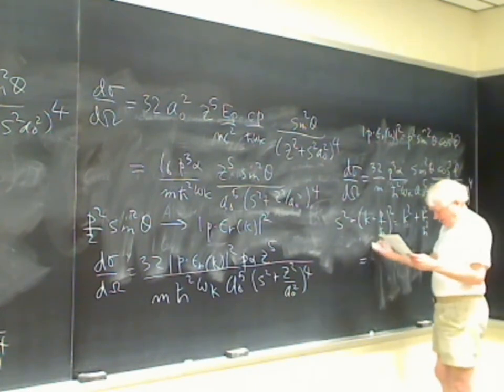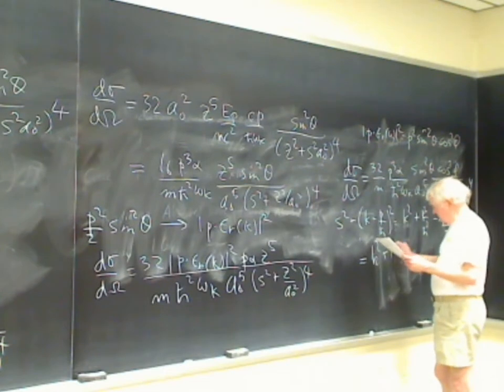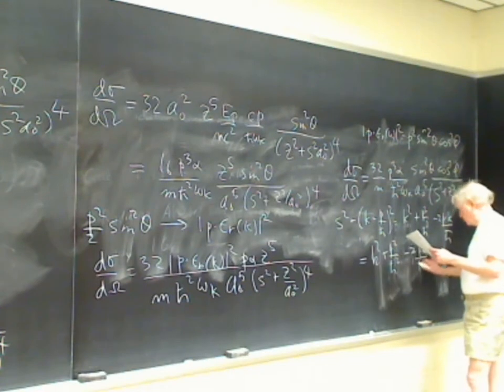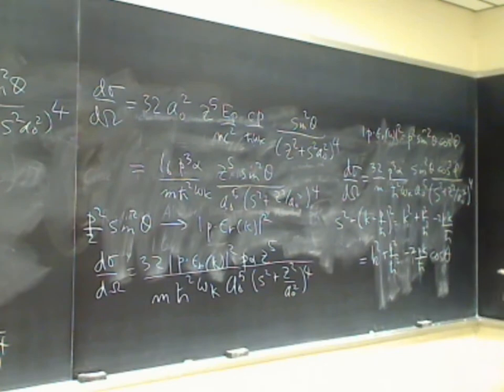And so that is k squared plus p squared over h bar squared minus 2pk over h bar cosine theta. So there's a cosine theta dependence in there. And that cosine theta dependence, I guess we can see that it's raised to the fourth power.